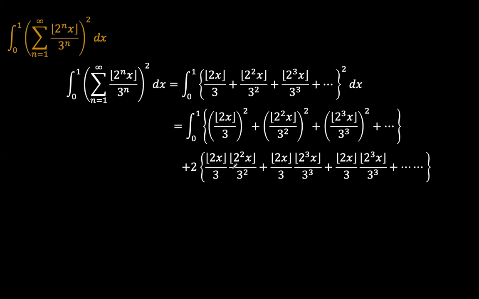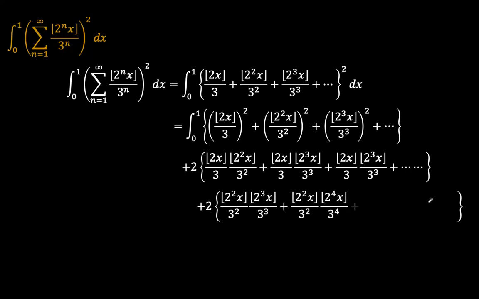And so essentially the cross multiplication of these independent terms would happen twice. And so we have plus twice when 2x is the principal multiplier, and so on. And then we add twice when 2 to the power 2 x is our principal multiplier there. And as you go on and on.